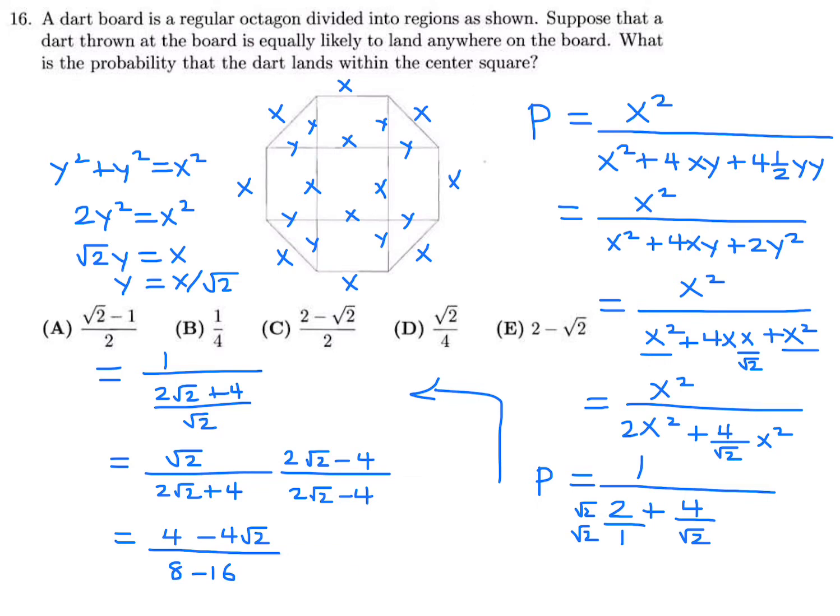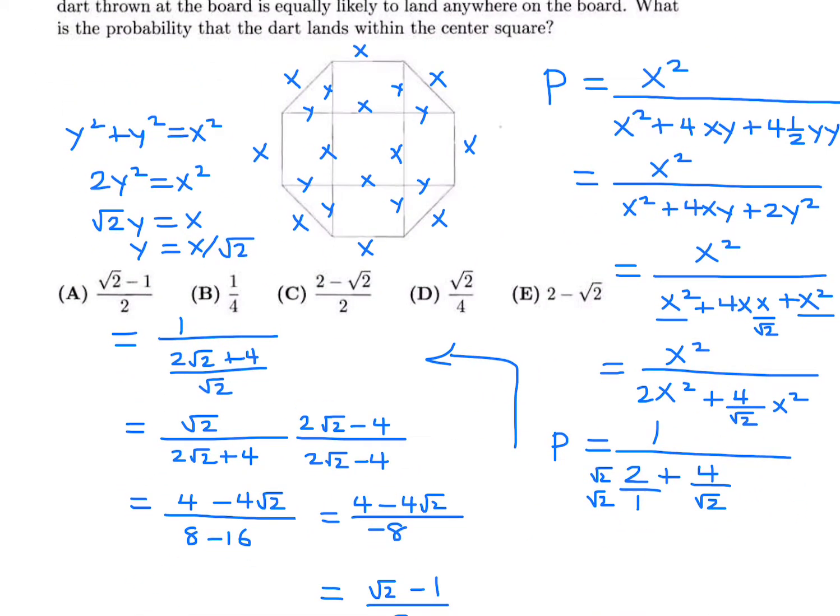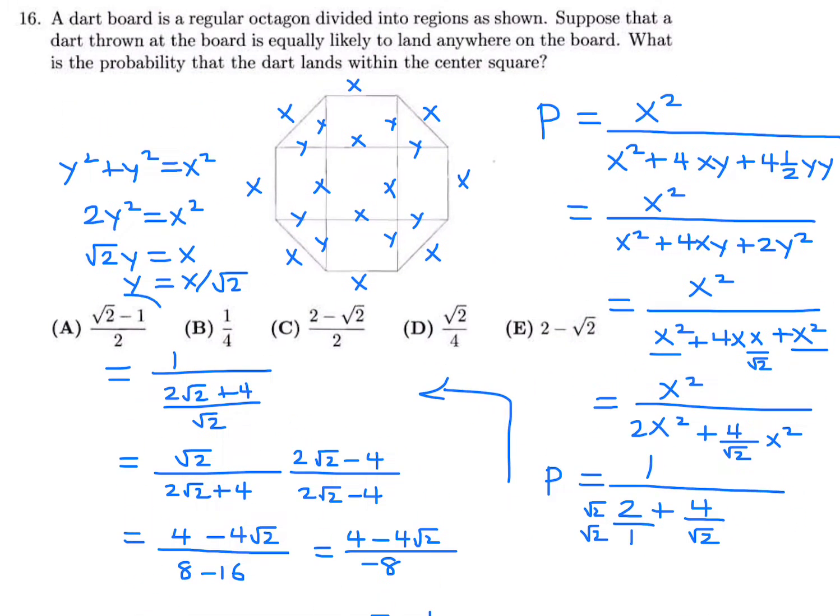And that is going to be 4 minus 4 root 2 over negative 8. And if you divide top and bottom by negative 4, you will get root 2 minus 1 over 2. And that is A for number 16.